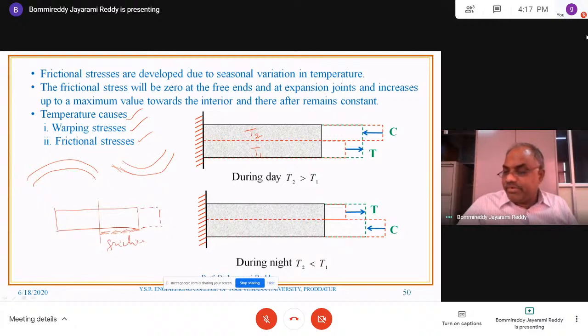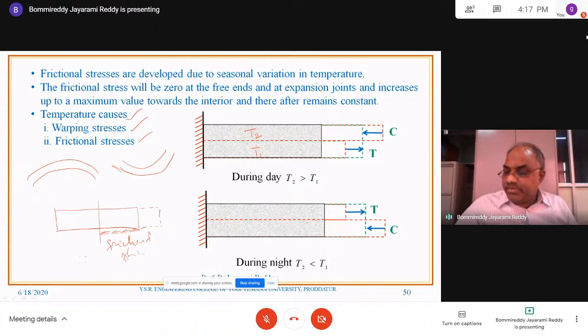stresses. Frictional stresses. So, because of the temperature, two types of stresses are induced. One is warping stresses that will occur because of the warping of the pavement. Another one is frictional stresses.